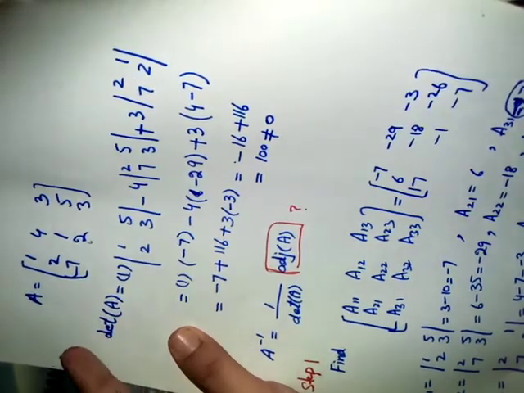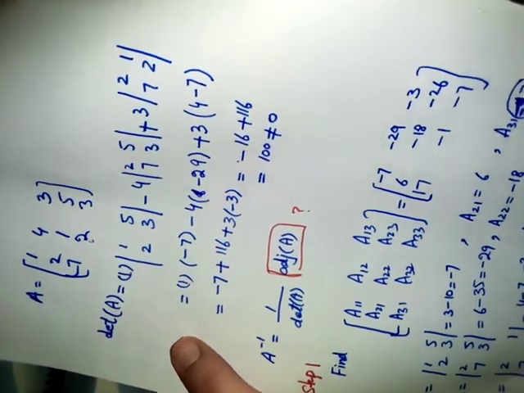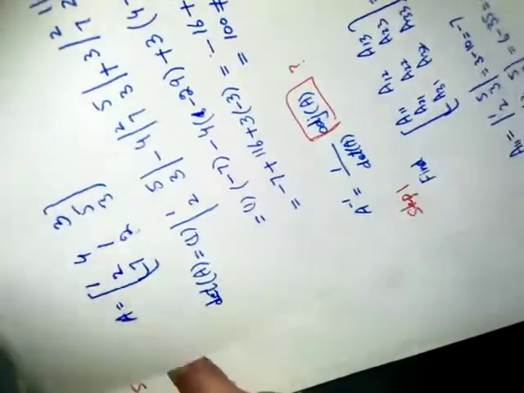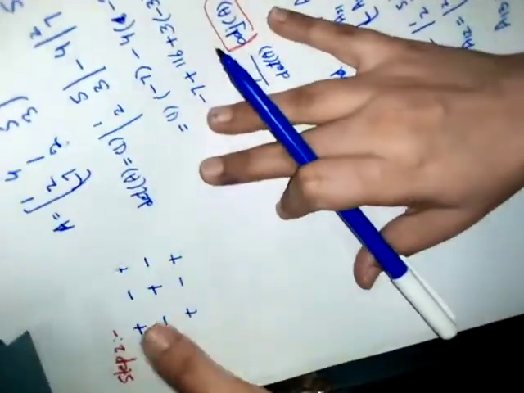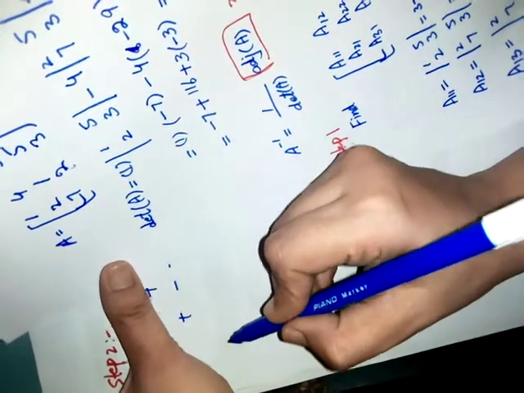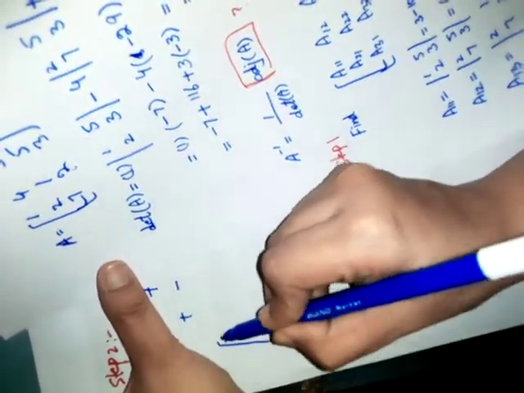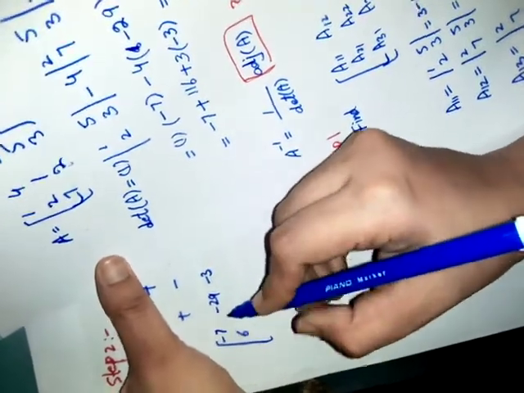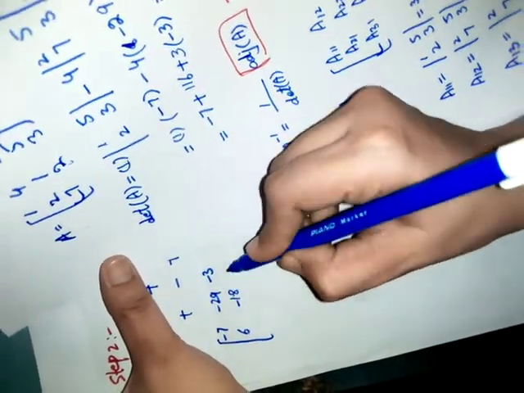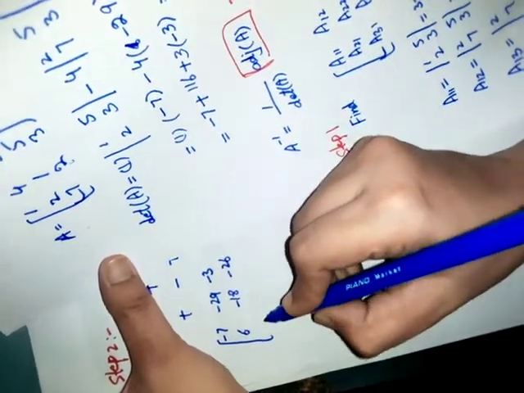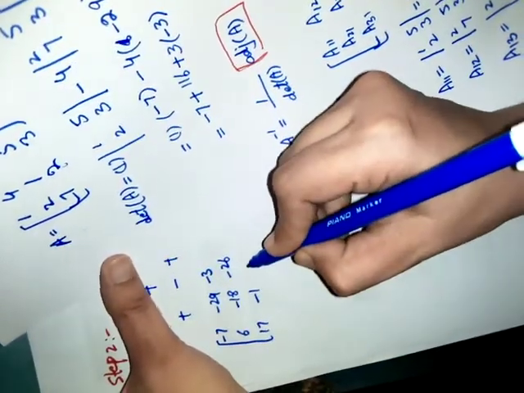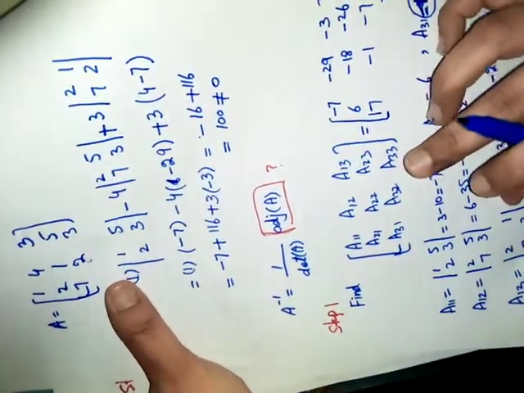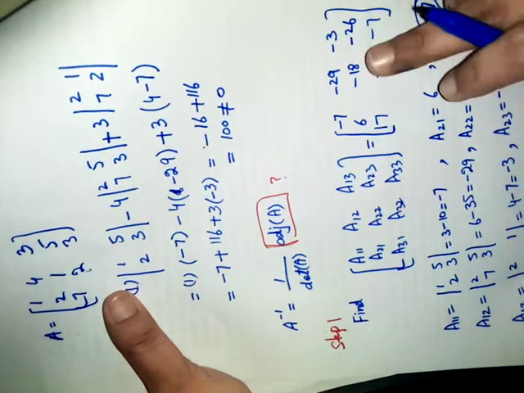First we write this as it is, minus 7, minus 29, minus 3, 6, minus 18, minus 26, 17, minus 1, minus 7. This was the cofactors or minors of the matrix.